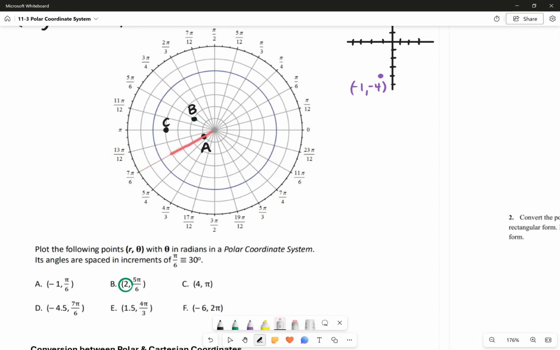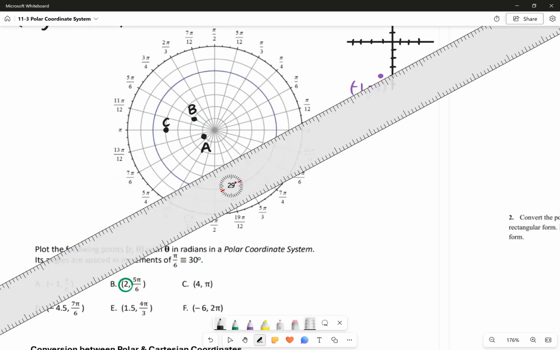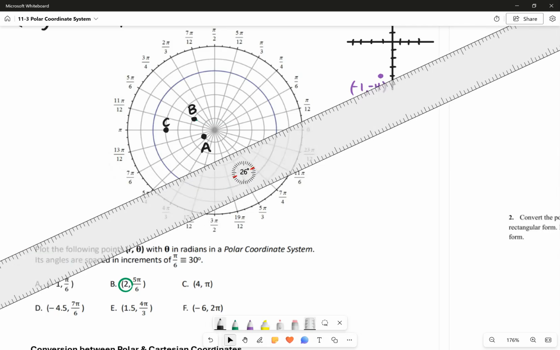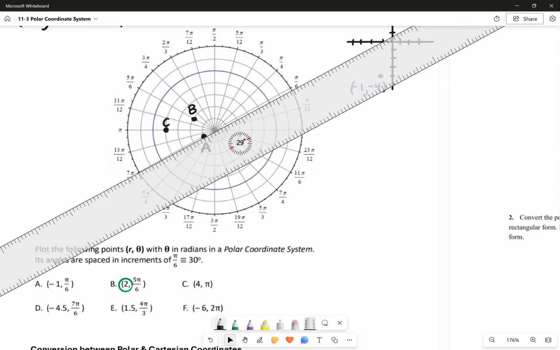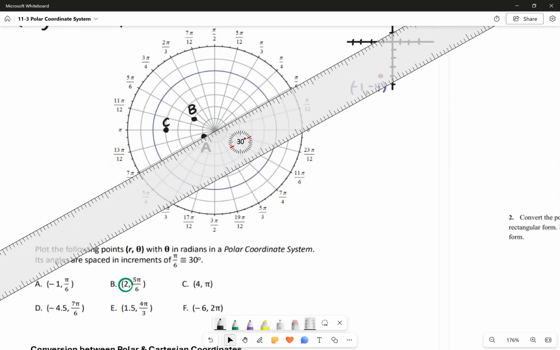So since my angle is negative, that means I am not going to put my dot on my 7 pi over 6, because it's negative. That means I have to extend out and walk away from my 7 pi over 6 line. So let's just put this here just to help us visualize. Here's my 7 pi over 6 line right here.